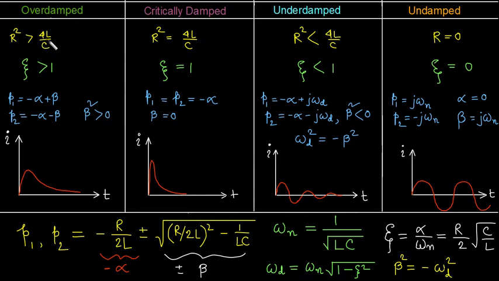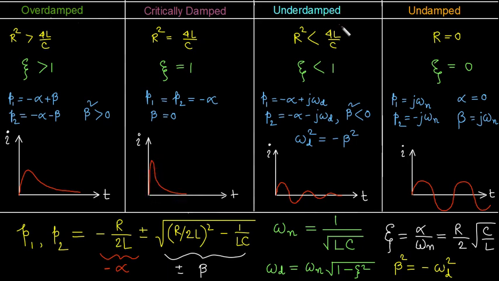When R square is greater than 4L by C, roots are real but unequal, the damping ratio is higher than unity, beta square is greater than 0, and the overdamped response is exhibited. When 4L by C is equal to R square, the damping ratio becomes equal to 1. The roots of the equation are real and equal to each other, and beta is 0, that is, the discriminant is 0. The response exhibits critical damping.